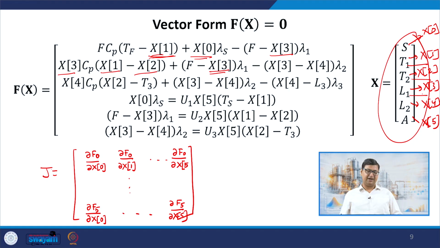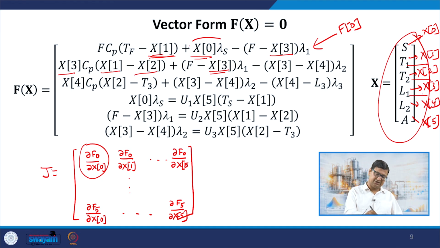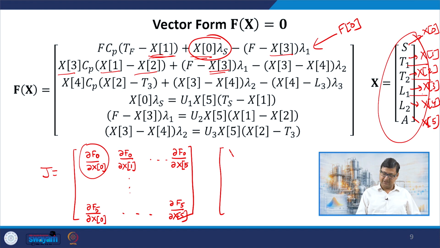Just see how we are computing the Jacobian term. So the first term is ∂f0/∂x0. f0 is right here. This is my f0. I want to take a derivative with respect to x0. Everything else is constant or not a function of x0 except the second term. So when I take a derivative with respect to x0, I am going to get lambda S as the first term.